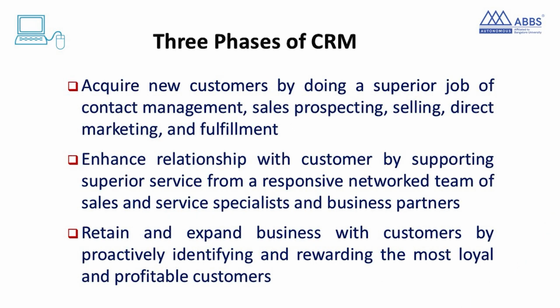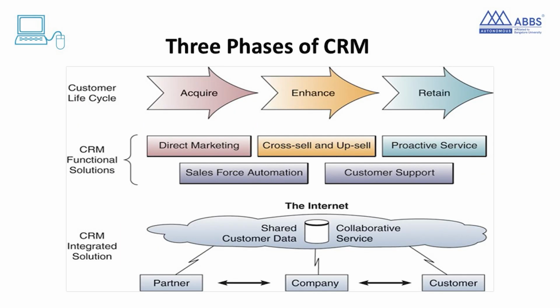Now the three phases of CRM can be understood as acquire, enhance and retain. That is the first stage, where in the customer life cycle these activities occur one by one. To fulfill these activities of acquisition, enhancing and retaining, we might use different CRM functional solutions like direct marketing, cross-selling and upselling, proactive service, sales force automation and customer support.